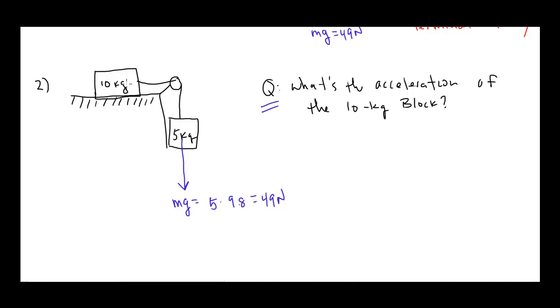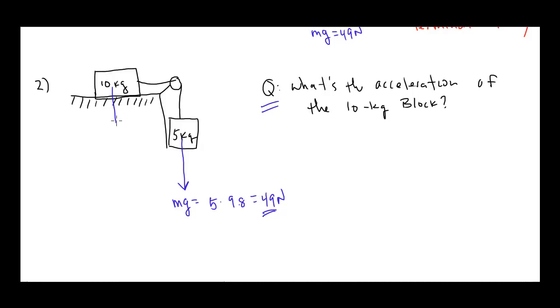Now let's keep in mind, we said this in class, you can treat this whole thing as one object. That's what I'm going to do. You've got 10 kilograms here, 5 kilograms here, but they're connected by a rope, so I'm going to treat them as a single object. And the reason that the whole system is going to accelerate is because of this force. This force is accelerating the system. In fact, this is the only force that I'm interested in this problem.